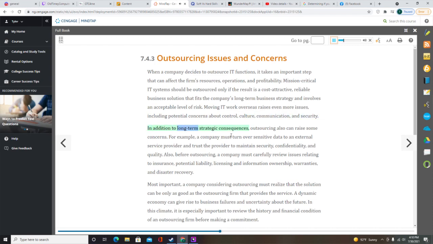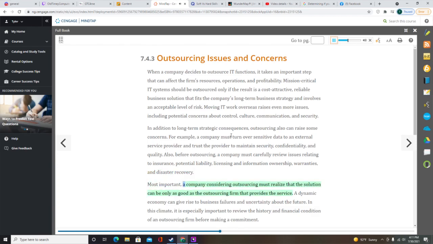In addition to long-term strategic consequences, outsourcing also can raise some concerns. For example, a company must turn over sensitive data to an external service provider and trust the provider to maintain security, confidentiality, and quality. Also, before outsourcing, a company must carefully review issues relating to insurance, potential liability, licensing and information ownership, warranties, and disaster recovery.